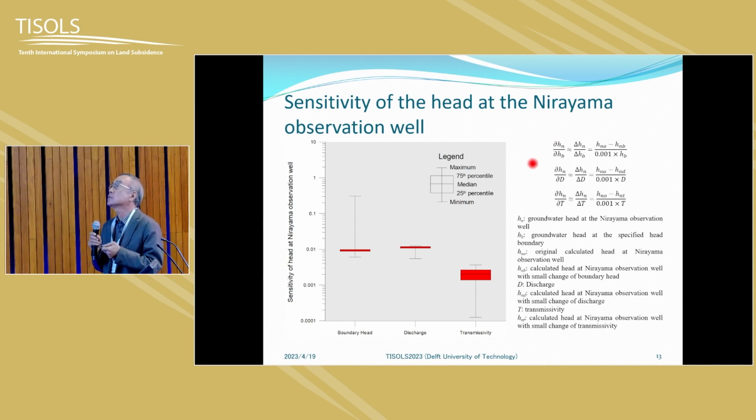Sensitivity is simply calculated from the head difference between the original calculated head and the head with a small change of boundary head or discharge. And the sensitivity by boundary head is almost the same as the sensitivity by discharge. The influence of boundary head is so strong.